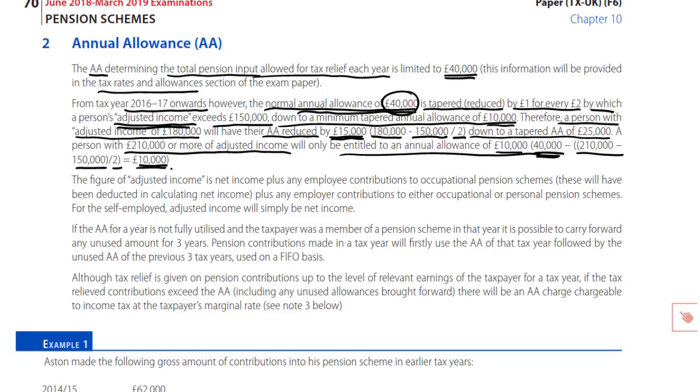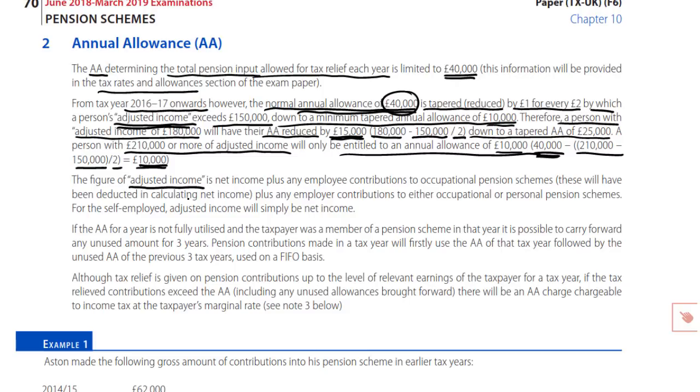Now, to be able to do that, of course, you need to know the figure of adjusted income. It's one of those nasty little learning exercises, which, of course, tax is stuffed full of. Now, at this stage, in terms of your studies, don't trouble yourself trying to memorise this. Read through here, understand how it works, but equally understand that closer to exam date, you're going to have to memorise this, you're going to have to learn it.